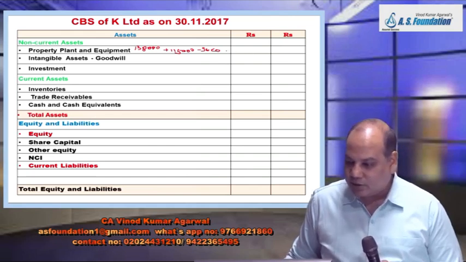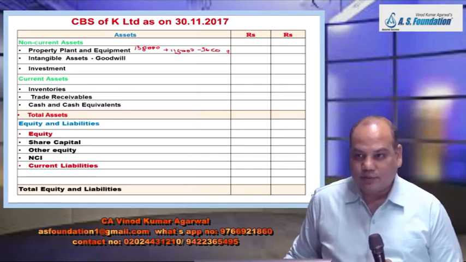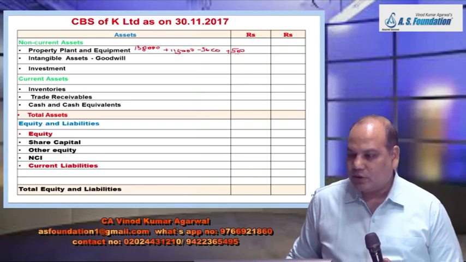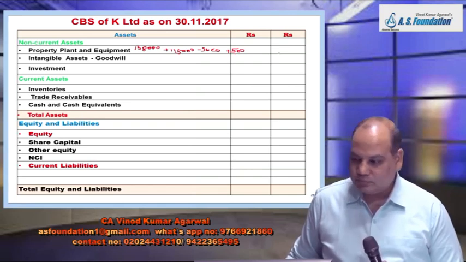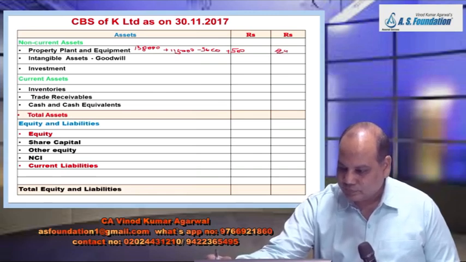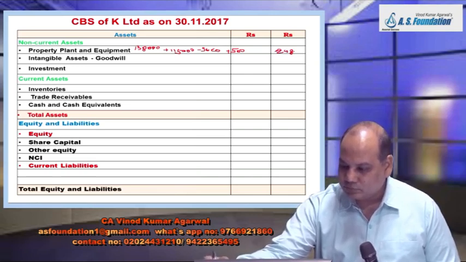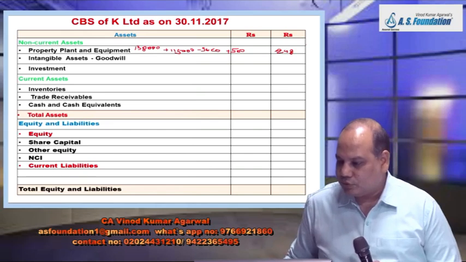And you add back the additional depreciation on 5,000, divide by 5 into 6 by 12. How much is that? 500. Reversal of additional depreciation. 5,000 divided by 10 into 6 by 12. Any answer? 248. 2,48,000. 500. 248, 500.